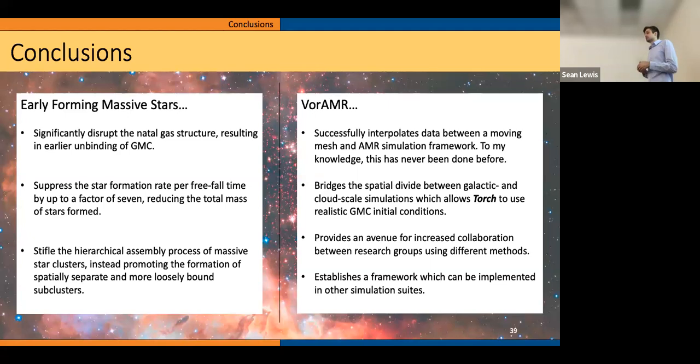In placing a sink particle there, we are effectively erasing the physics that goes on in there in terms of the gas. But the benefit is that the gas, in order to be in the sink, needs to have been ready to collapse or actively collapsing, so it's likely to be forming stars, and we place stars accordingly. But we are unable to model things like accretion disks onto stars, or pre-main sequence stars. That's all cast aside.